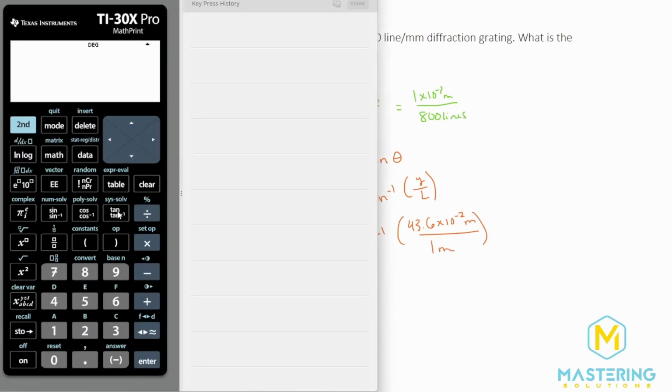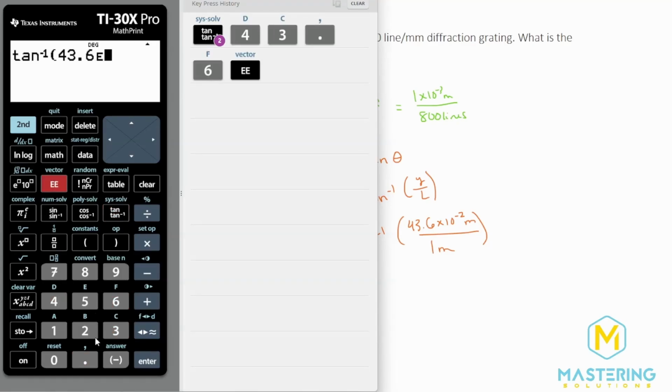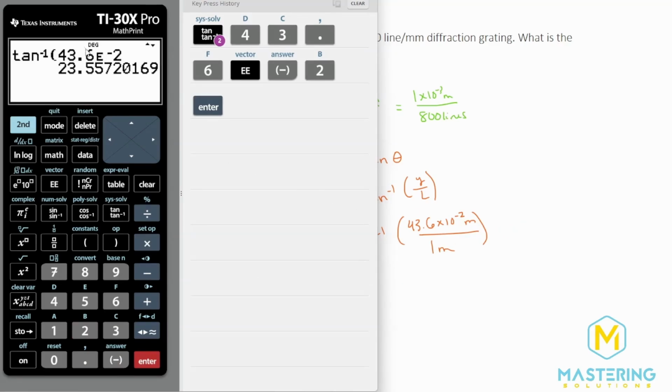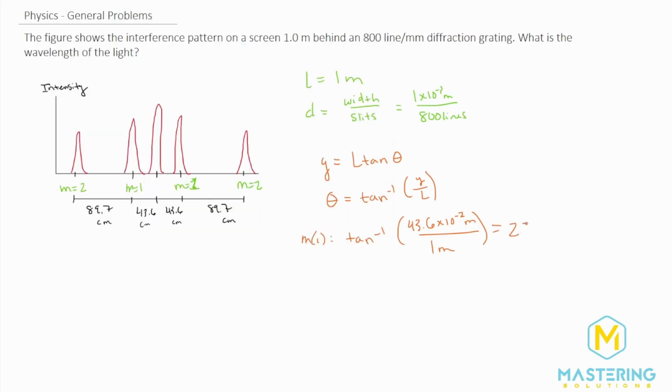So we take the inverse tangent of 43.6 times 10 to the negative 2, and we have 23.55. Make sure your calculator's in degree mode for this, otherwise you'll get radians. I'll write the longer 23.557 since it's an intermediate answer. So that's the angle that we have.